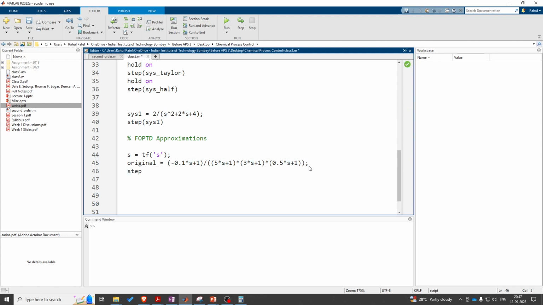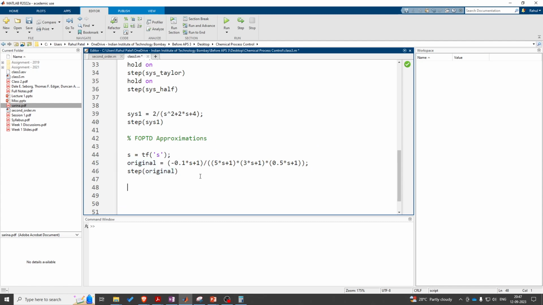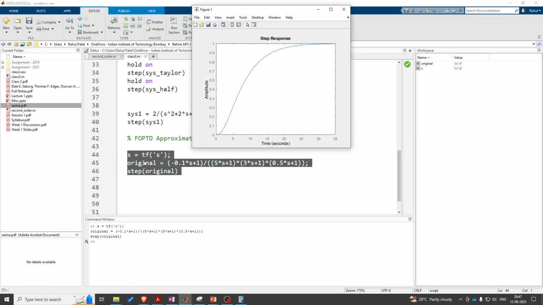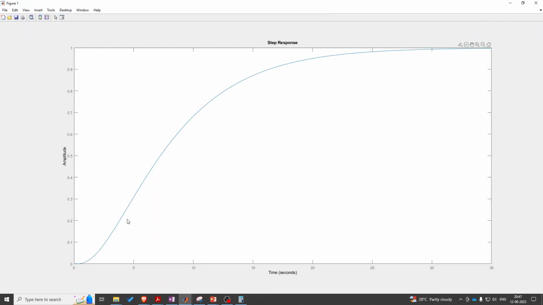So we can check the plot of this function. So this is our original function that we want to approximate using FOPTD.